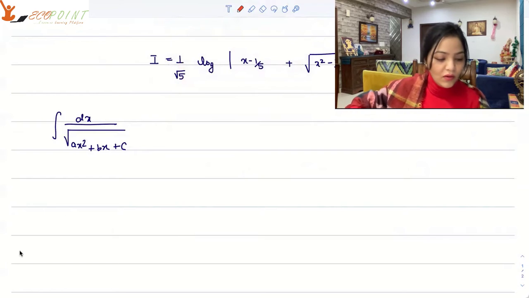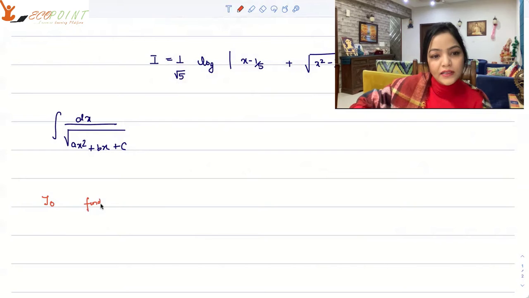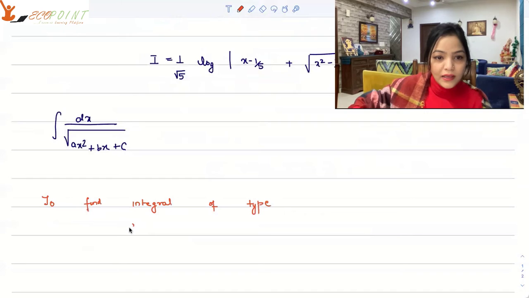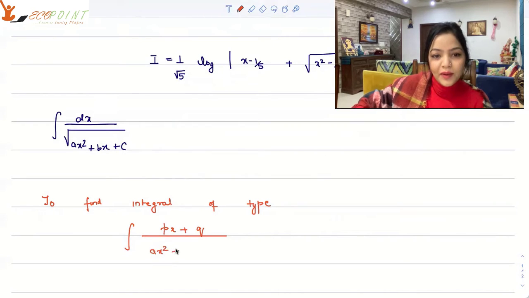Let's take the case of: find the integral of the type px plus q upon ax square plus bx plus c dx.